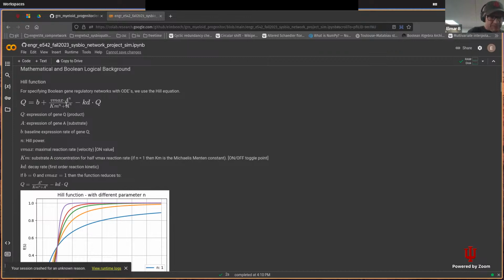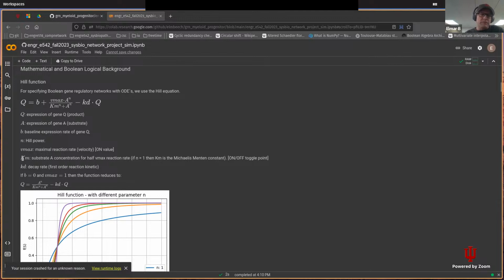That's the A. Then we have a baseline expression rate of the gene Q. Then we have the Hill power, and with the Hill power we can specify the steepness of our curve. We have Vmax, which is the maximum reaction rate, so the velocity when the gene is on, that we can specify. We usually take 1 in our case.